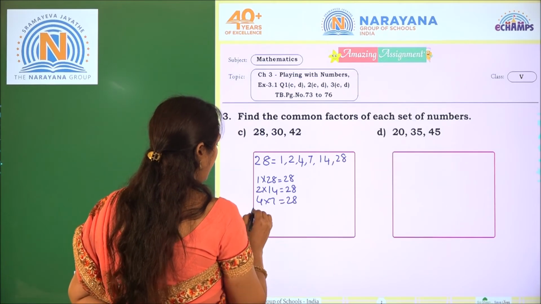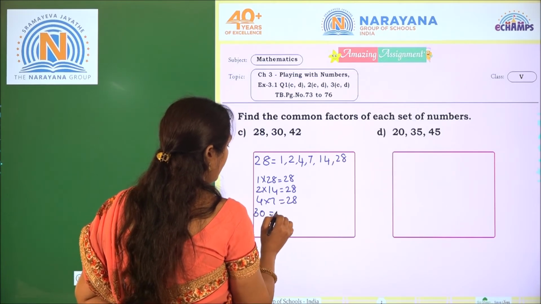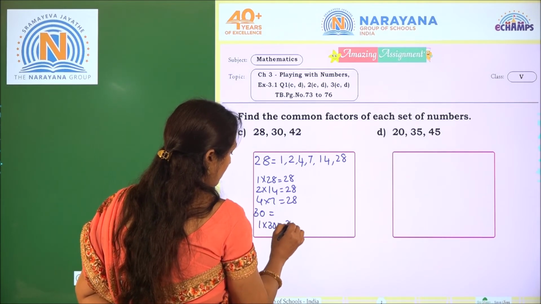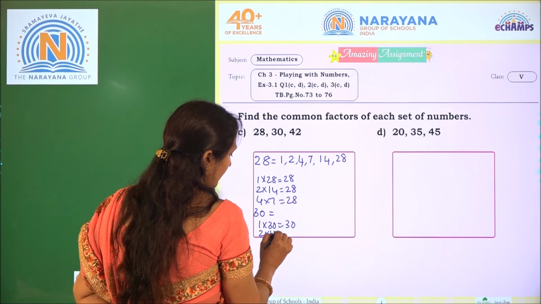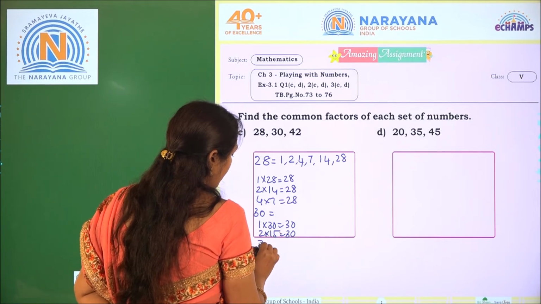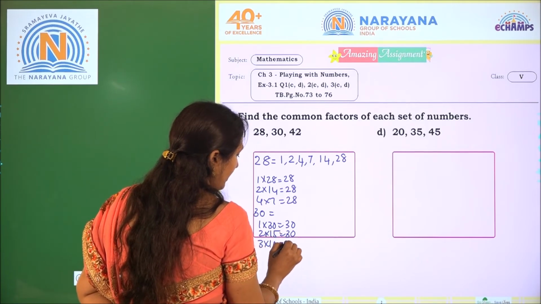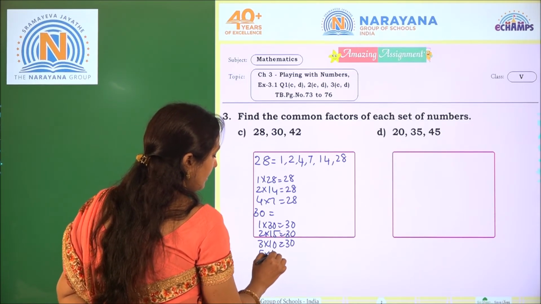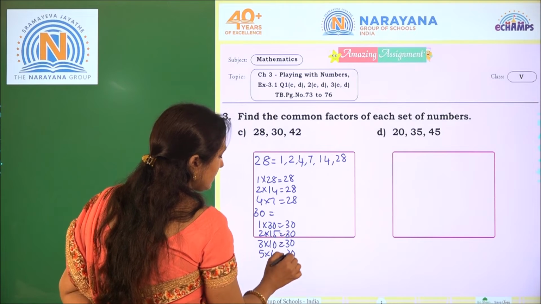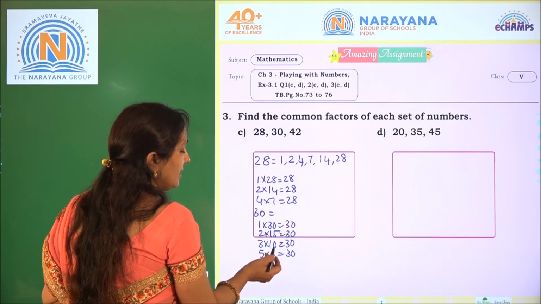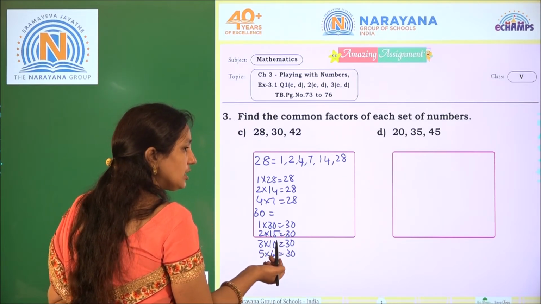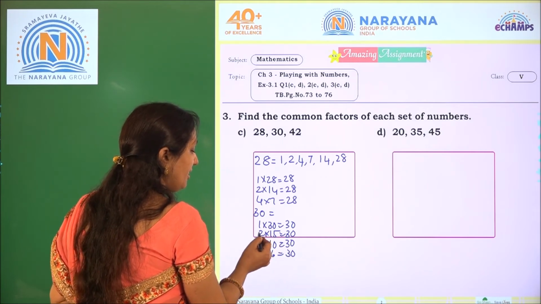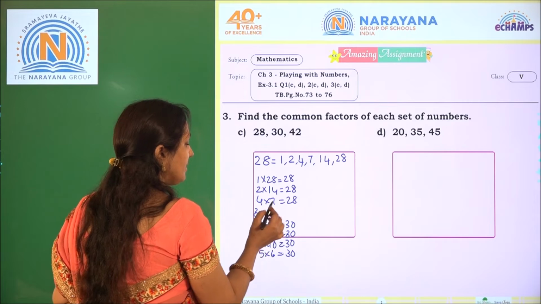What are the factors of 30? 1 into 30 is 30. 2 15s are 30. 3 10s are 30. 4 table, no. 5 6s are 30. 6 5s are 30. 7, no. 8, no. 9, no. 10 3s are 30. 15 2s are 30. 30 1s are 30.